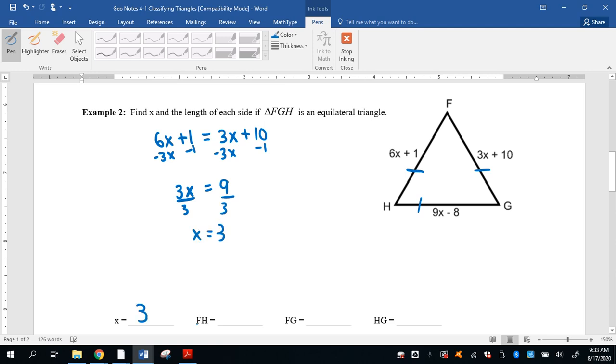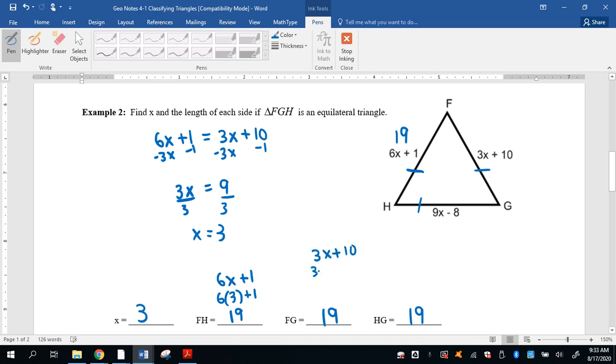So the length of line segment FH is 6x plus 1. So 6 times 3 is 18, and 18 plus 1 is 19. Now, we know that because this is equilateral, the other two sides are also 19. On an assessment, I would highly encourage you to double check. So FG's length is 3x plus 10.